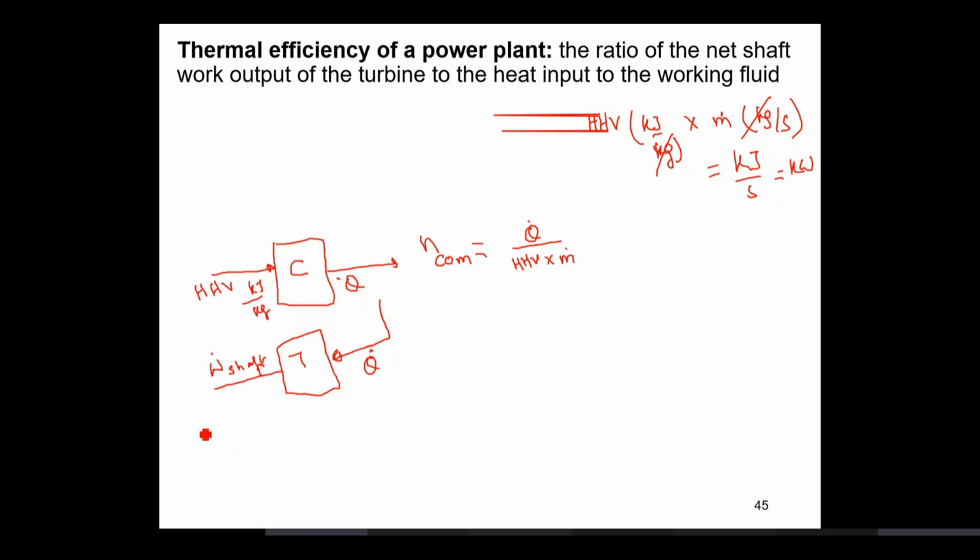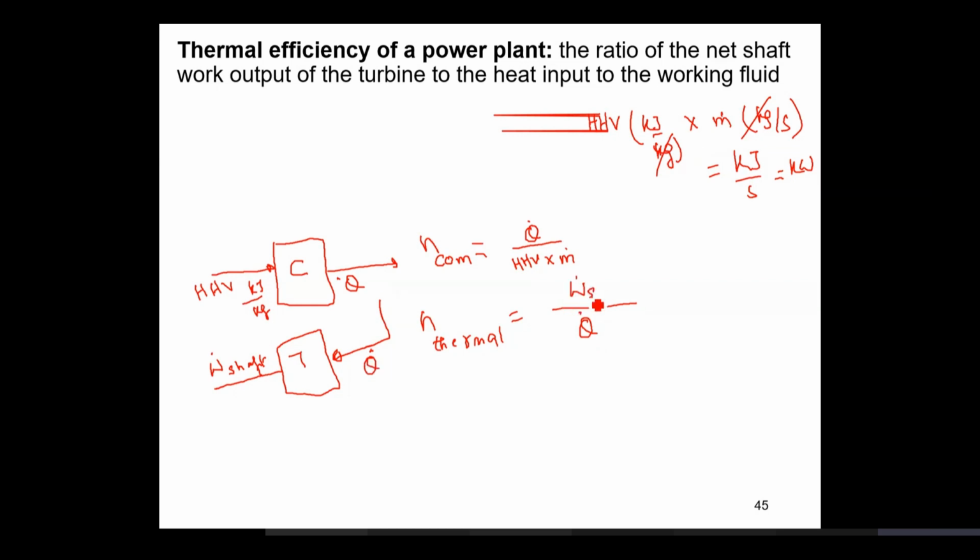Yes, sir. All right. So the efficiency related with the turbine is basically the thermal efficiency of the turbine of the power plant. So the thermal efficiency is what? What is the input? Heat coming from the combustion process is the input, and what is extracted out of it?